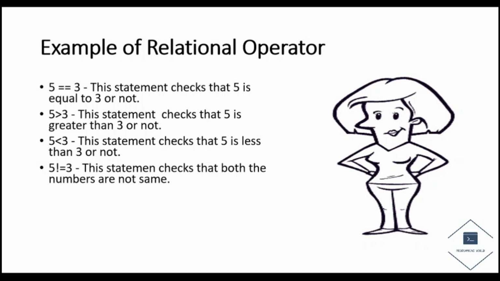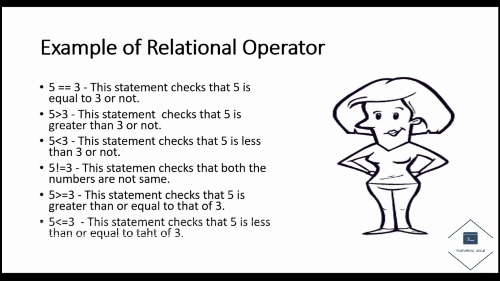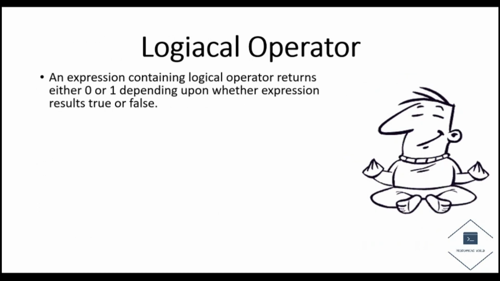This statement checks that both the numbers are not the same. 5 greater than or equal to 3. This statement checks whether 5 is greater than or equal to 3. 5 is less than or equal to 3. This statement checks whether 5 is less than or equal to 3.